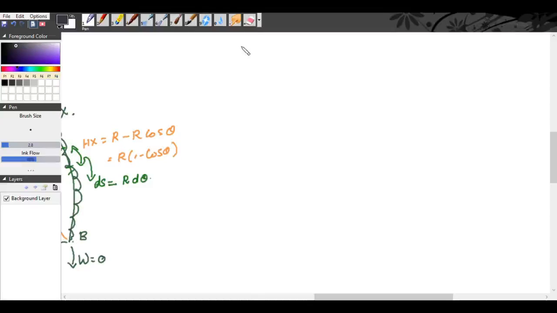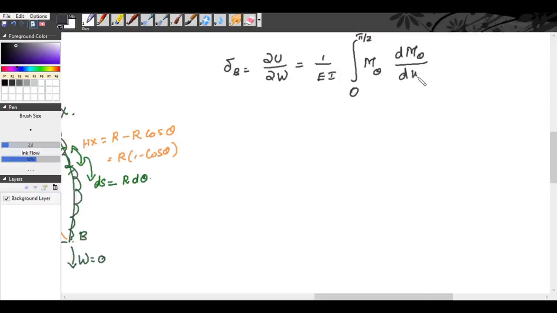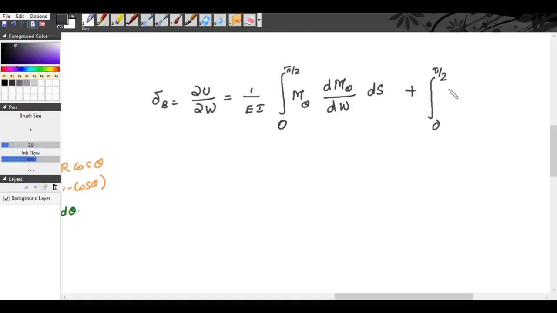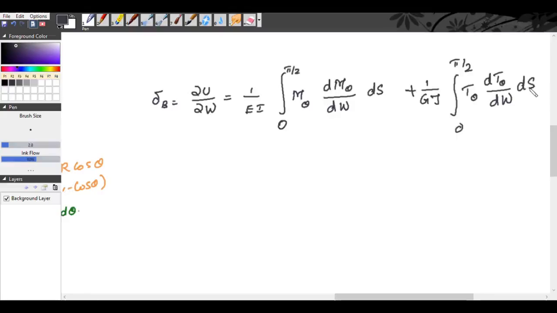So delta at B is equal to dou u by dou W, which is equal to 1 by EI into integration from 0 to pi by 2 of M theta into dM theta by dW into ds, plus 1 by GJ into integration of 0 to pi by 2 of T theta into dT theta by dW into ds.